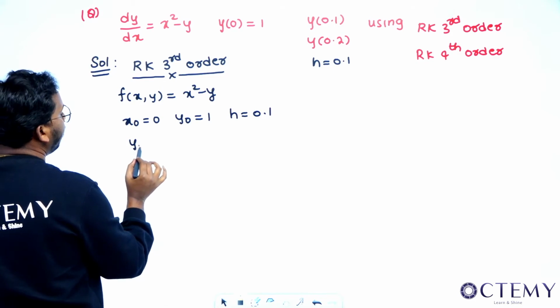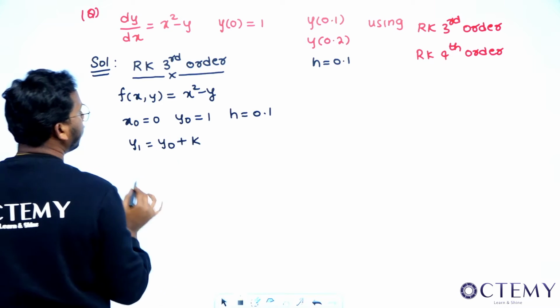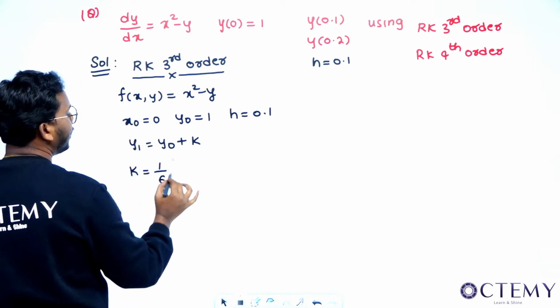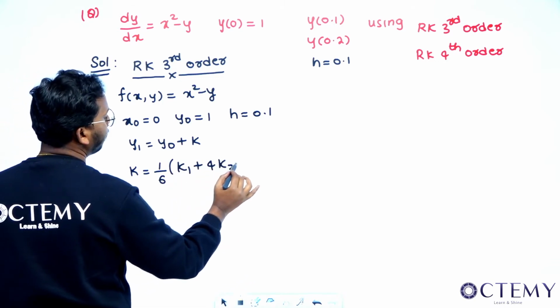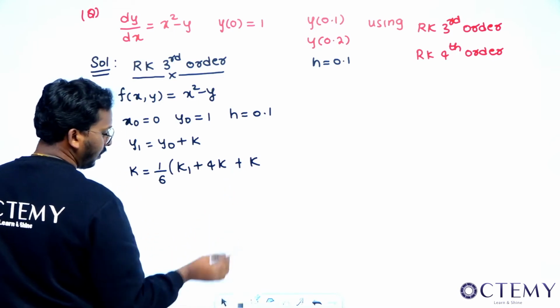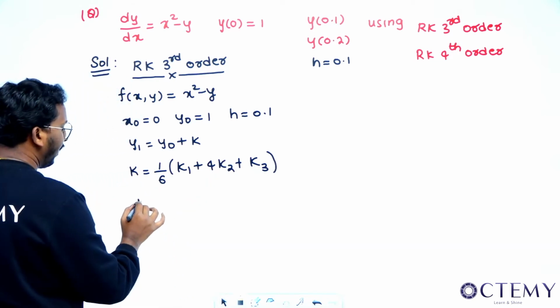Now what I want is y1, which should be equal to y0 plus k. For third order, k will be equal to 1/6 (k1 + 4k2 + k3). See, what will k1 be?